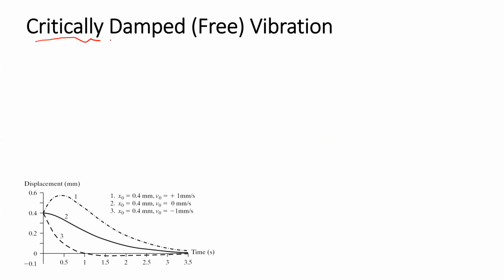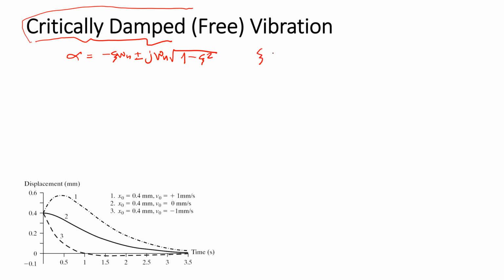Okay. And the third case is the critically damped. Critically damped means, if you remember, the root is equal to minus zeta omega n plus or minus j omega n square root of 1 subtract the damping ratio squared. But for critically damped, the damping ratio is equal to 1.